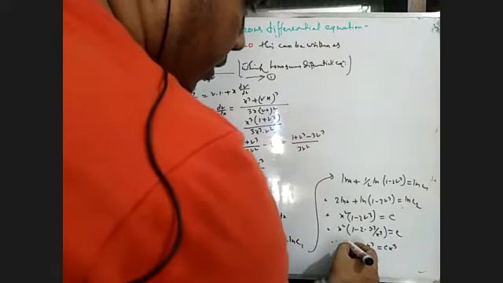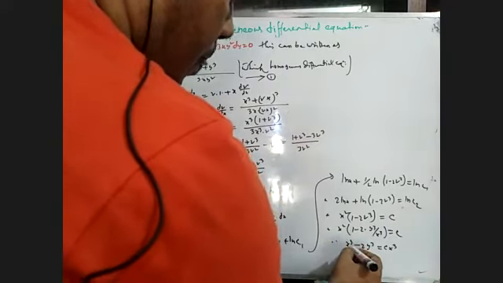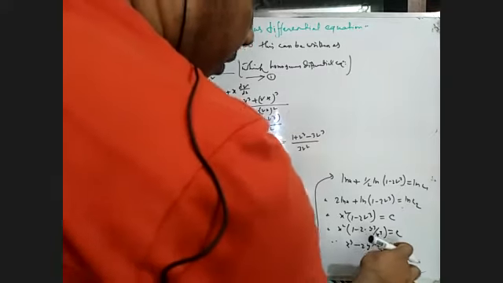Sorry, this will be x cube minus y cube equals cx. This will be the result.